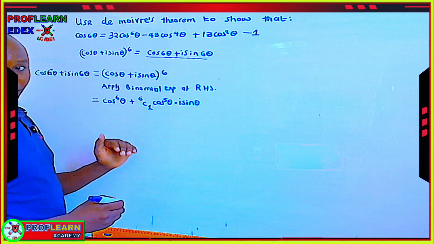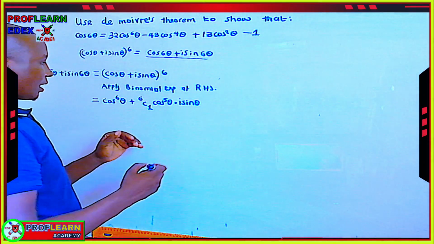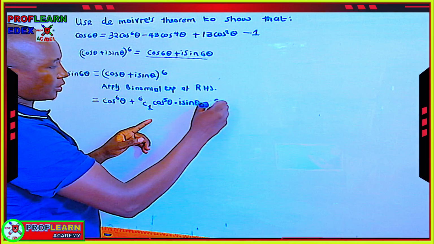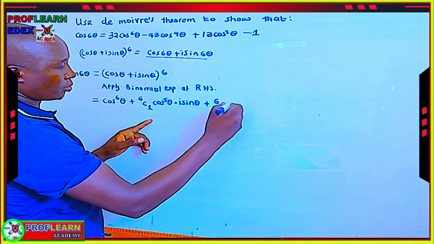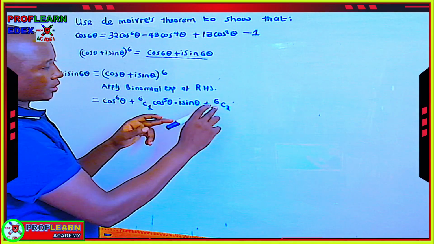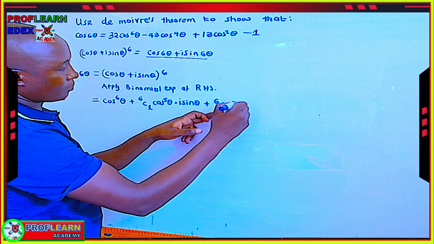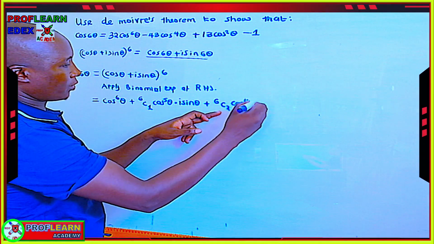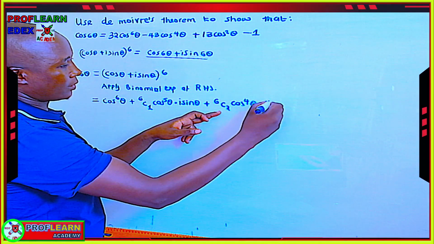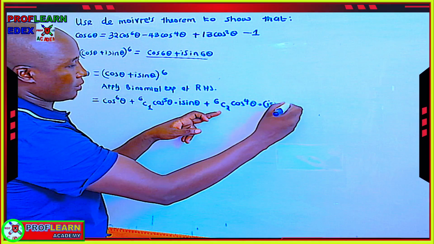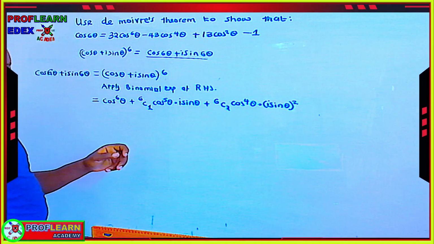That is the second term. The third term is going to be 6 combination 2, cos^4 θ times (i sin θ) raised to power 2.